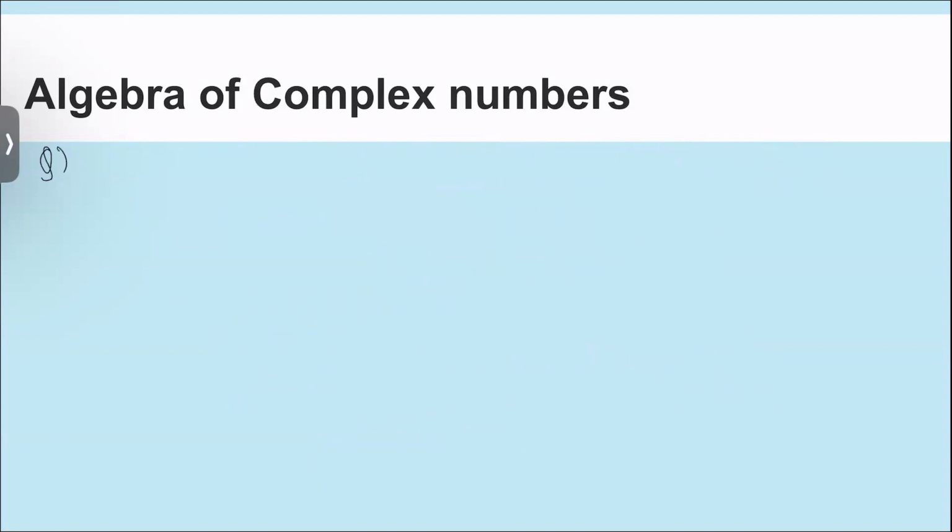So the question is, if x plus iy and 2 minus 3i is equal to 4 plus i, what are x and y?